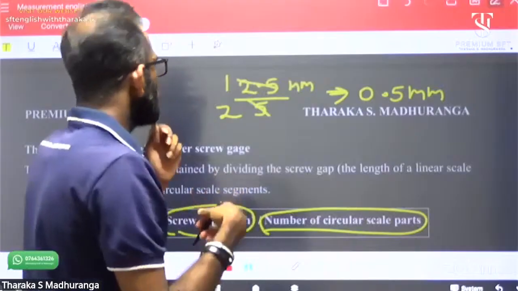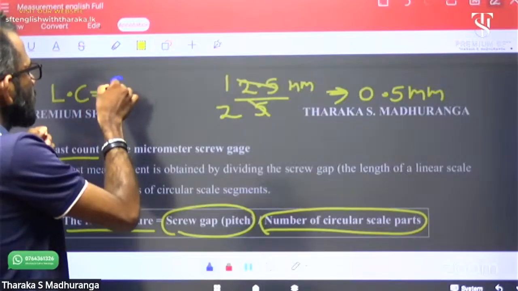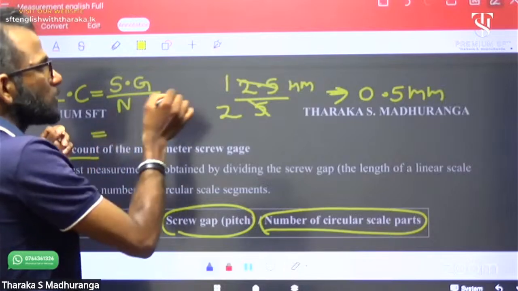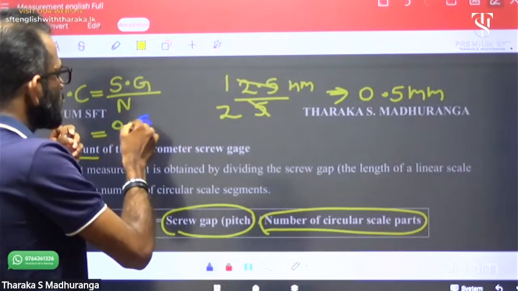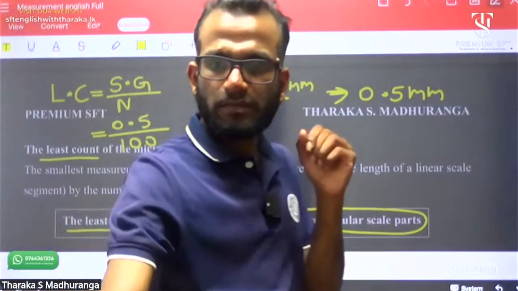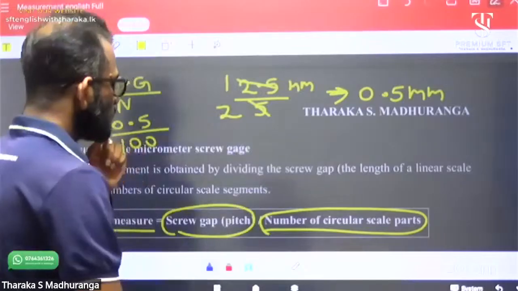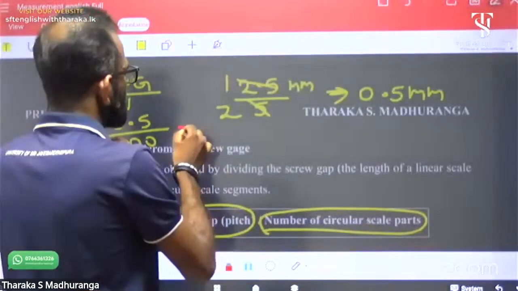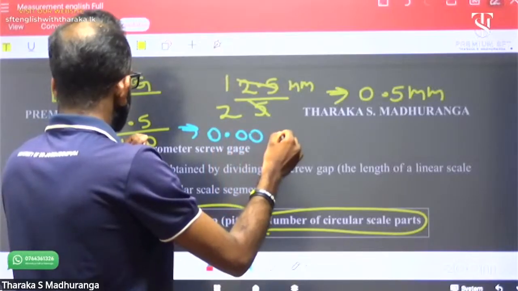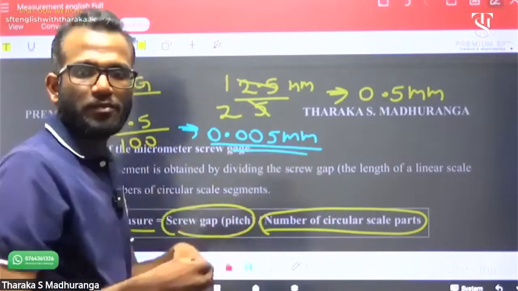Now least count equals screw gap divided by number of circular scale parts. Screw gap 0.5 divided by number of circular scale parts 100. Then what is the least count? It is 0.005 millimeter.